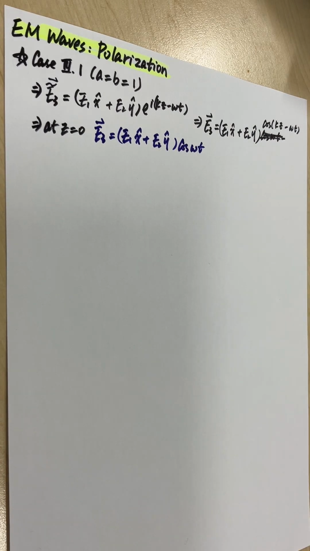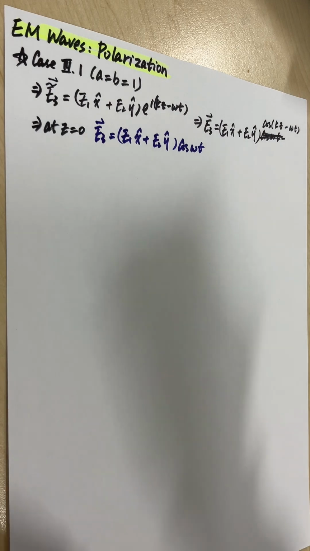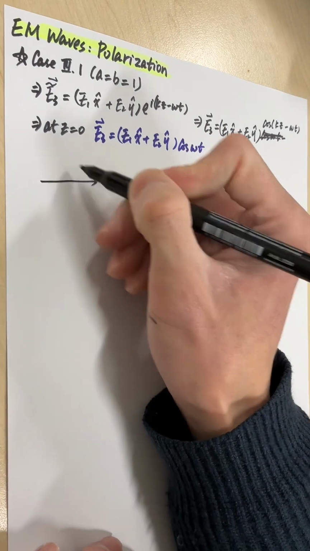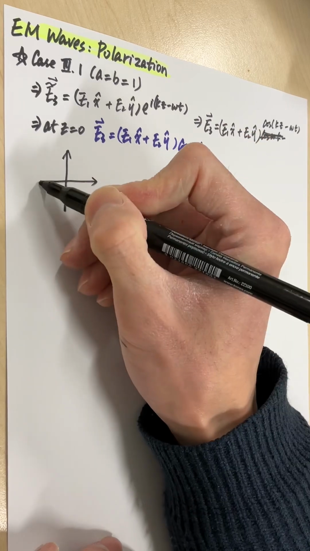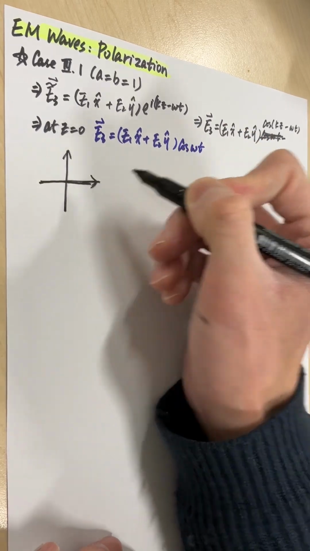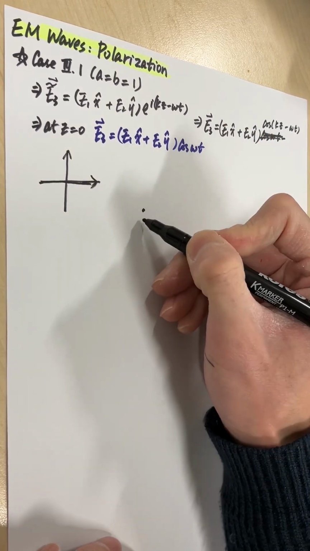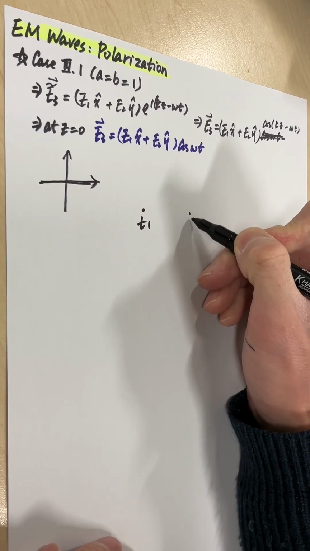Right, so what does this look like? We have polarization on the xy plane, and then we observe this over 5 time instants.